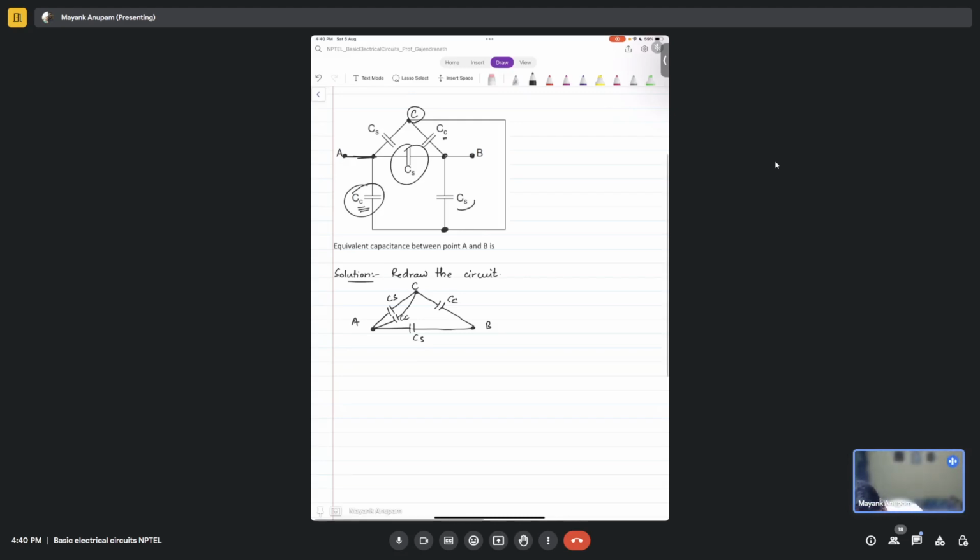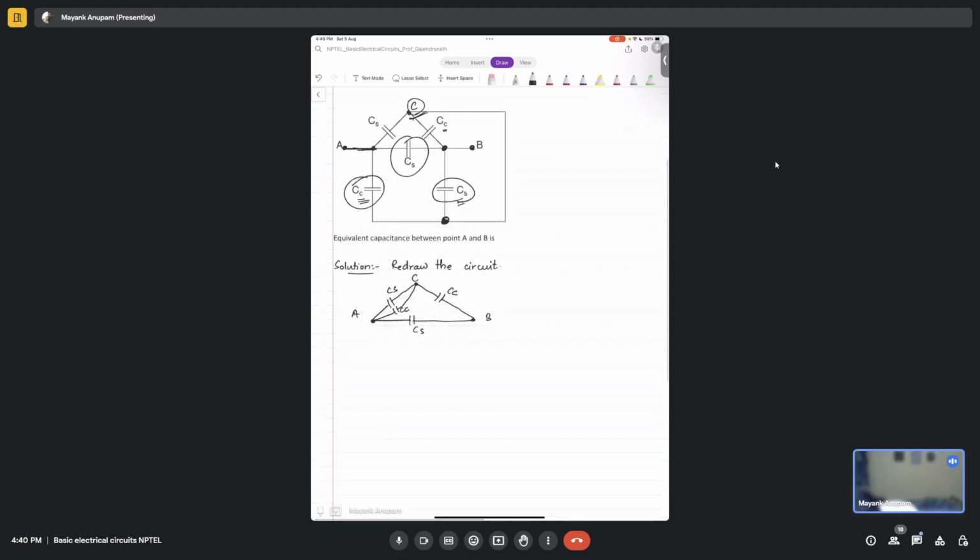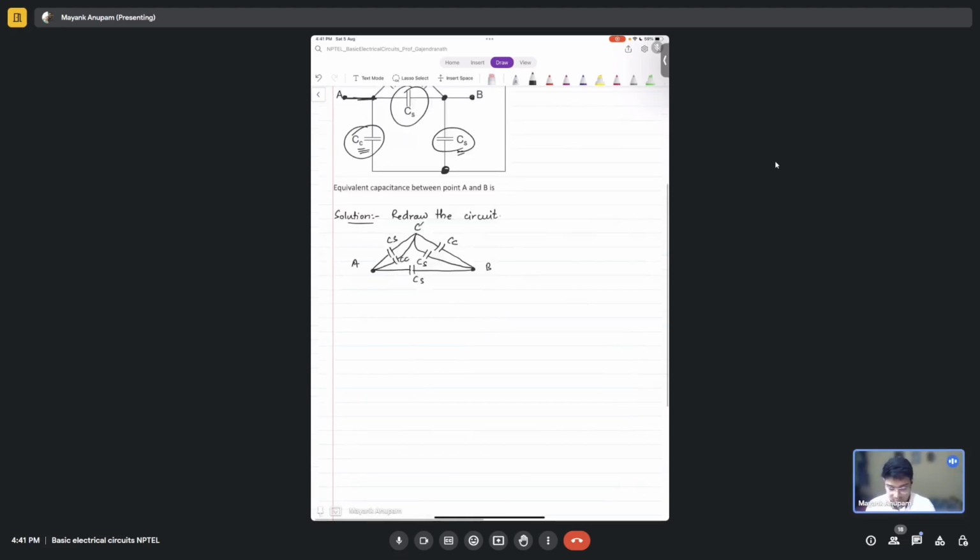And now let's take a look at this one. This CS is connected to B and the other terminal which is again C itself, right? So this is CS, correct? Fine. So this terminal is C, let's call it C prime, otherwise you will get confused, because capacitance is also denoted as C only.